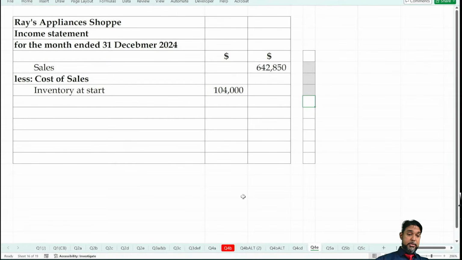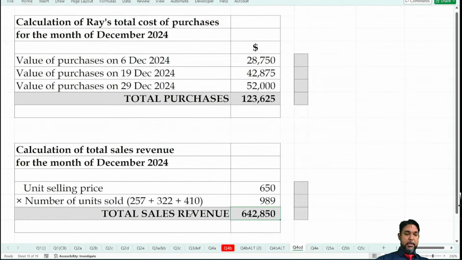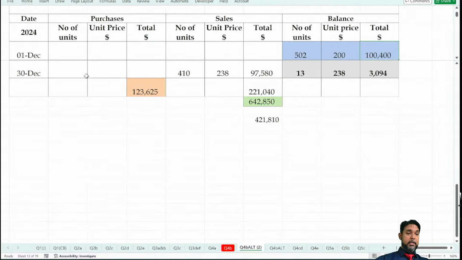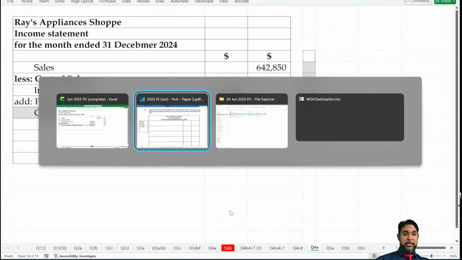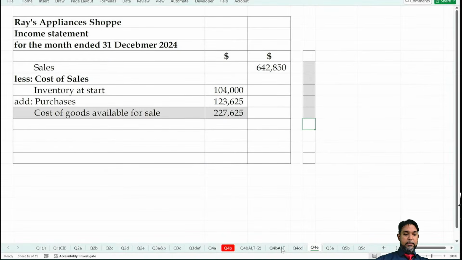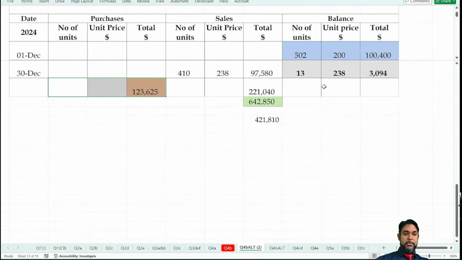And we have to add the purchases, right? So again, that's what we did here. Total purchases, 123,625, which you could corroborate from the stock valuation worksheet. You could add those two together to get cost of goods available. If you want, you don't have to put that subtotal, but it's nice. And then you minus closing stock. So the closing stock from the stock valuation worksheet was 3,094.